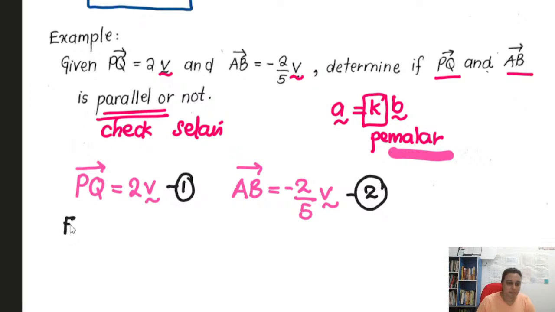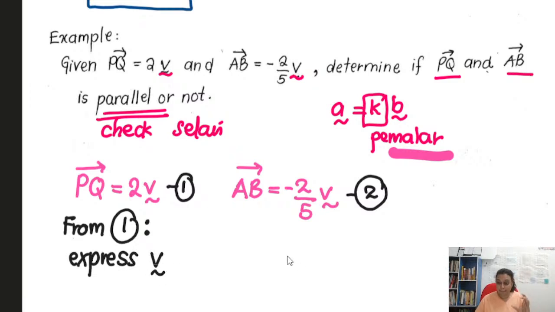From equation 1, daripada equation 1, you express your vector V. Ungkapkan vector V. What is your V? You're going to transfer the thing to the other side. So V will be 1 over 2 PQ, correct?